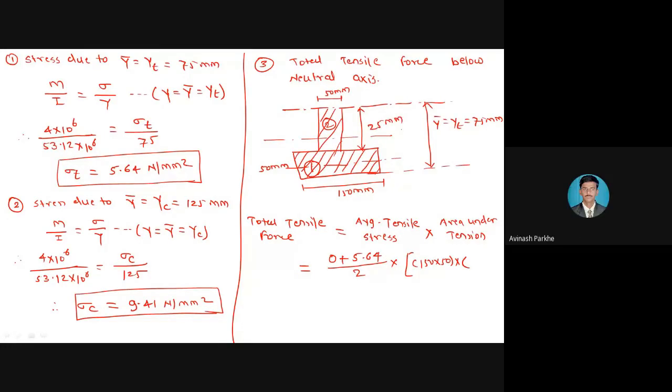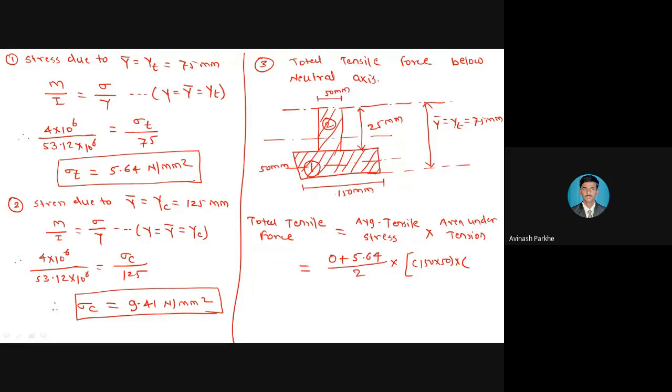Please check, it is represented on the figure. And the cross-sectional area of section number 1 plus the cross-sectional area of section number 2 represents the total cross-sectional area of the section present below the neutral axis.